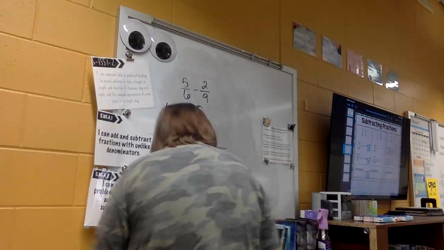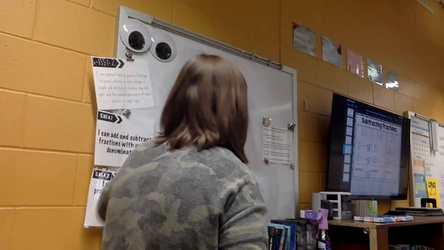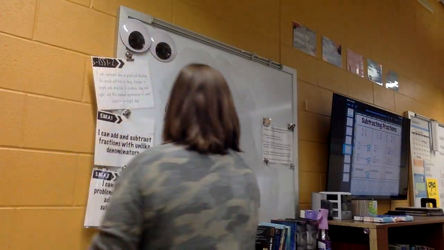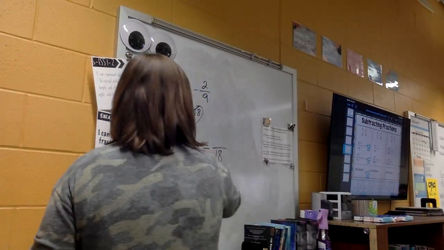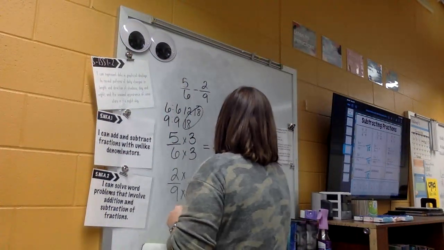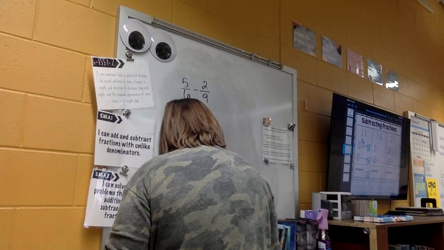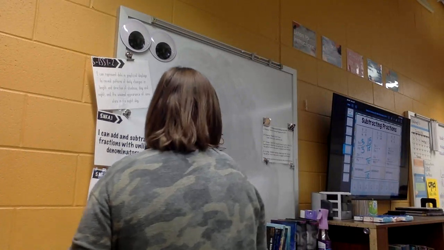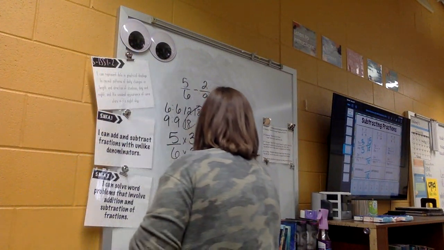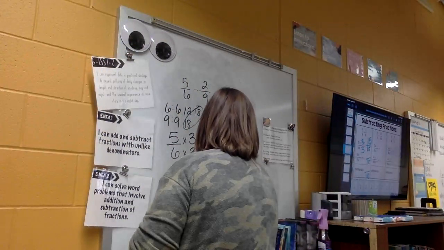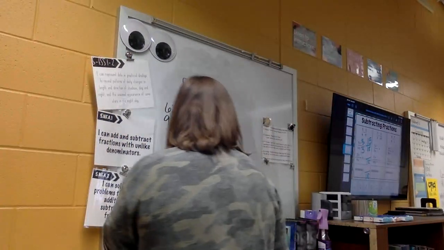Alright, so I know my common denominator is 18. So, 6 times what will get me 18? 3. So if I multiply that by 3, I have to multiply the top by 3. So my new numerator is 15. So times 3 gives me 15. 9 times what is 18? 2. So I have to do 2 here. 2 times 2 is 4.